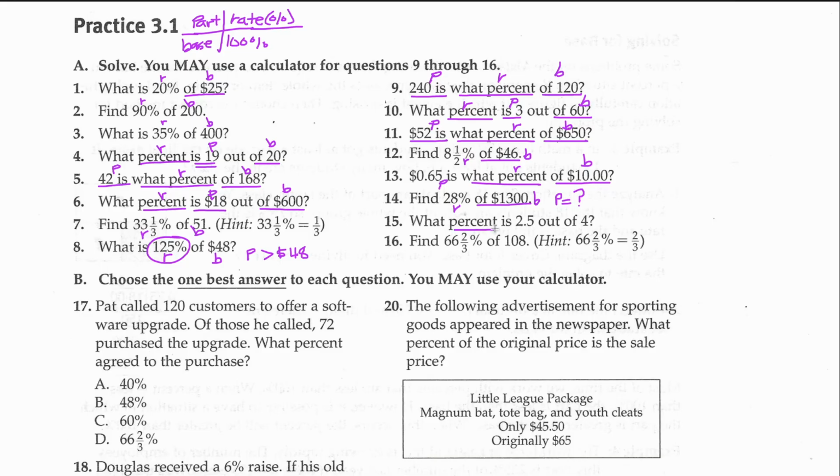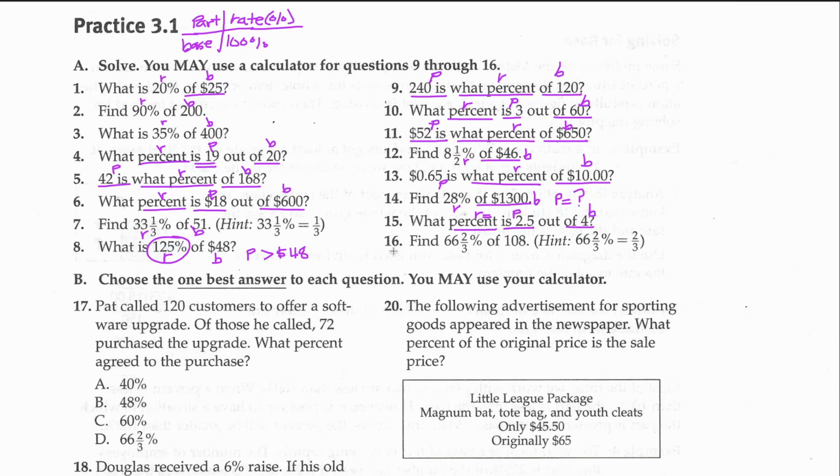You don't know the rate. The rate is not provided. Is 2.5, the part, out of 4, that's the base. Base is 4, part is 2.5, and we don't know the rate. So that's what we're looking for.